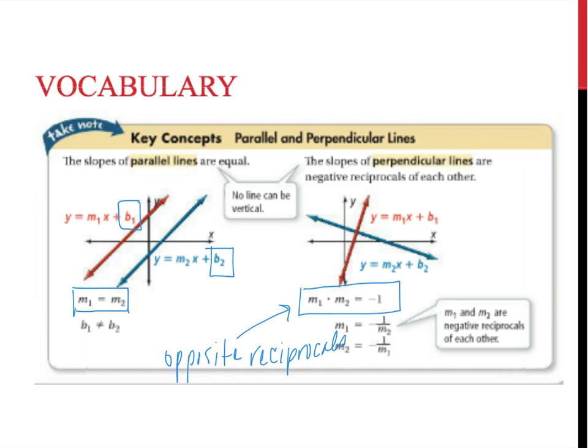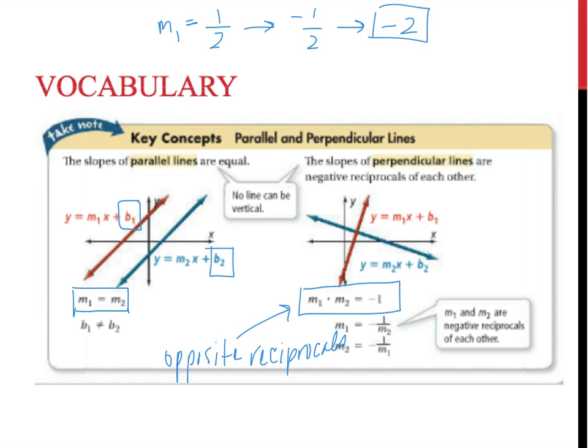So as an example, if I have 1/2 as my first slope, to find my other slope, I will find the opposite, then the reciprocal, and that would be my new slope. So the opposite of 1/2 is negative 1/2, and the reciprocal of negative 1/2 is negative 2. So this would be my new slope.